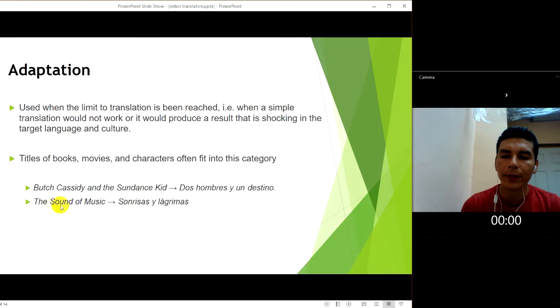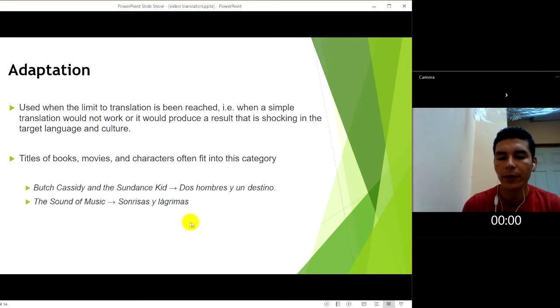Another clear example could be "Fast and Furious." "Fast and Furious" is a movie. This movie is really good, and as you know, this name was adapted for another country.